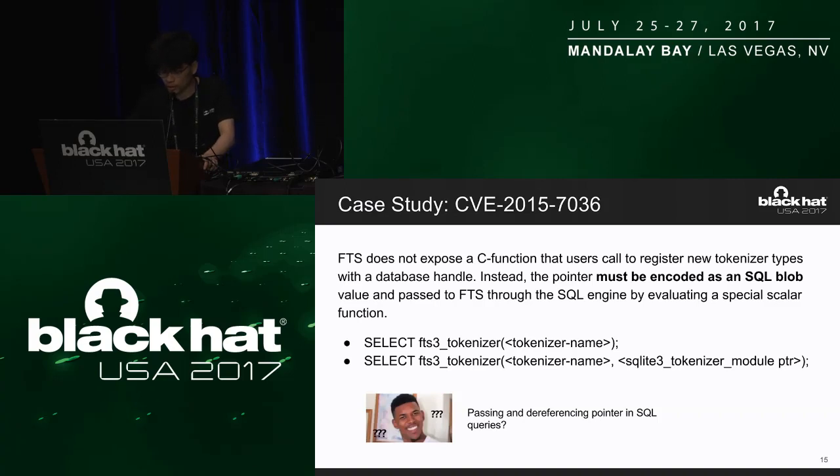If there's only 1 argument, the query returns the address of the registered tokenizer, which is in blob. If there are 2 arguments, the query registers a new tokenizer with given parameters. Actually, there's no guarantee for the type of the blob in the SQL statement. So it could be very dangerous if you just pass and dereference a pointer in SQL queries.